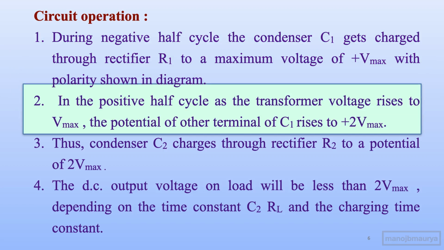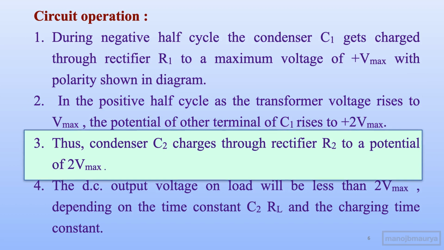In the positive half cycle that follows, the transformer voltage rises to Vmax and the potential of the other terminal of capacitor C1 rises to twice Vmax. Thus condenser C2 charges through rectifier R2 to a potential of twice Vmax.